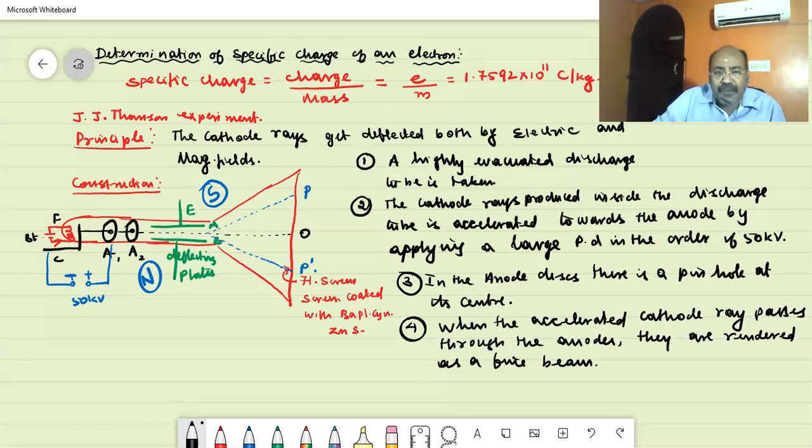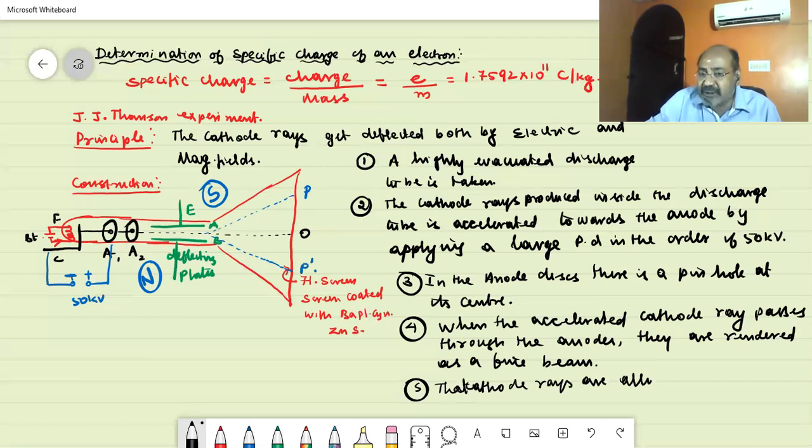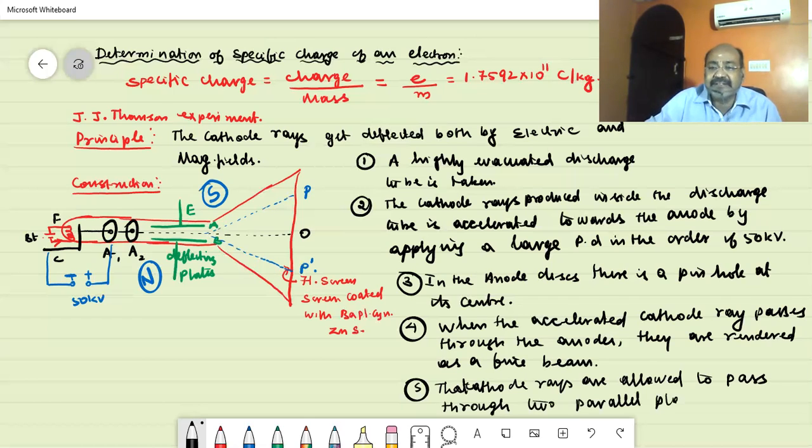Then point number 5: the cathode rays coming out of the anode are allowed to pass through two parallel plates which are called deflector plates.